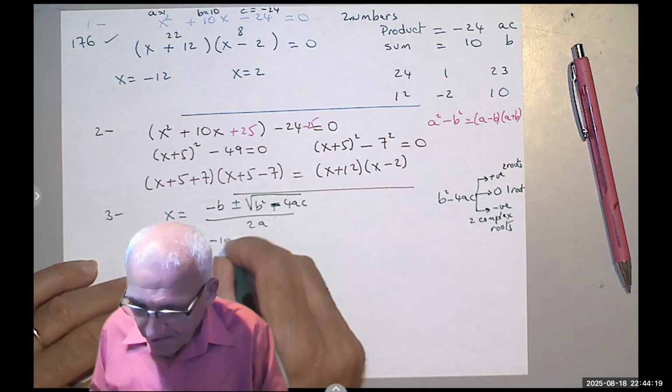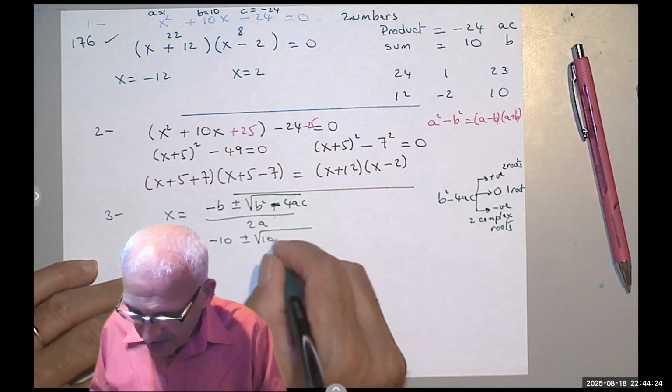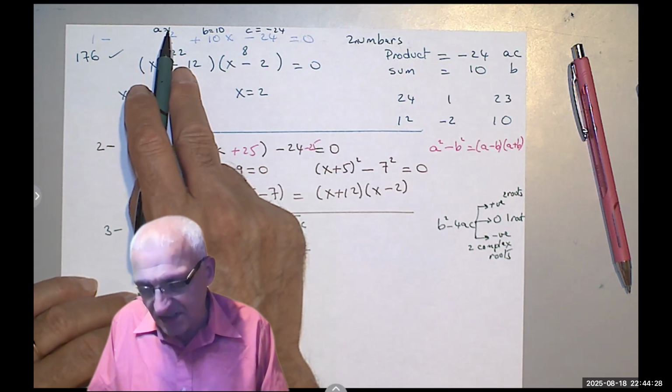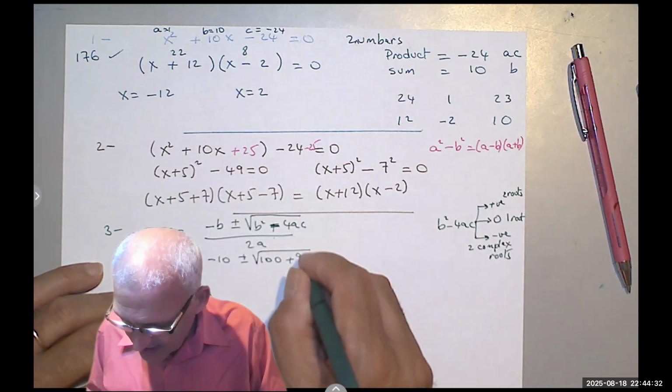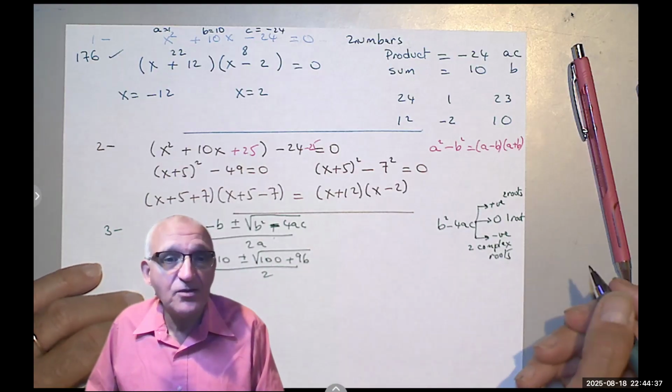Negative 10 plus or minus the square root of b squared is 100 minus 4a is 1, so still minus 4 times negative 24 is positive 96, over twice a, and since a is 1, you simply divide by 1.